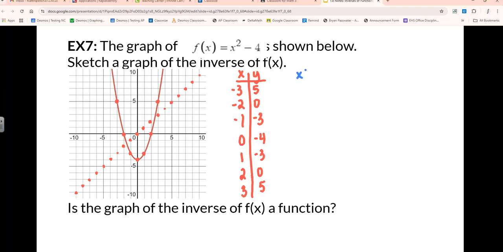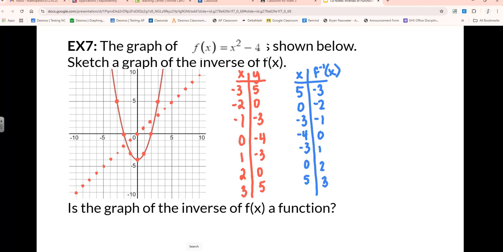So if I want to graph the inverse, let me call this F inverse right here. What have I got to do with my table? I just have to switch those x's and y's, right? So I'm going to have 5, 0, -3, -4, -3, 0, 5 for the x's, and -3, -2, -1, 0, 1, 2, 3 for the y's.